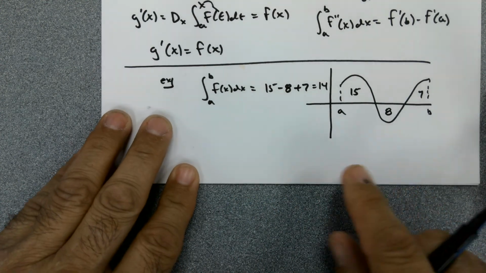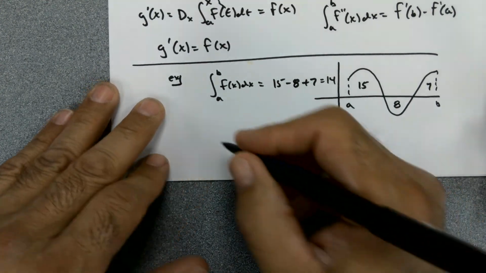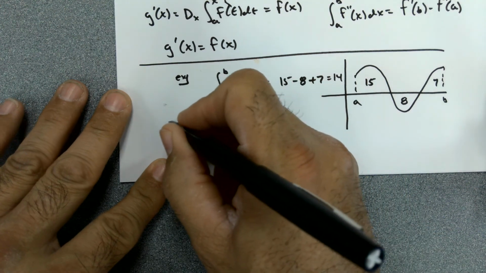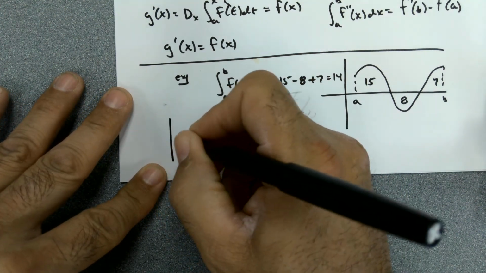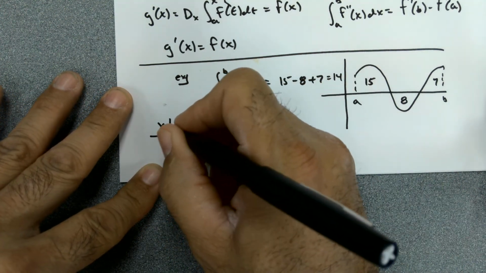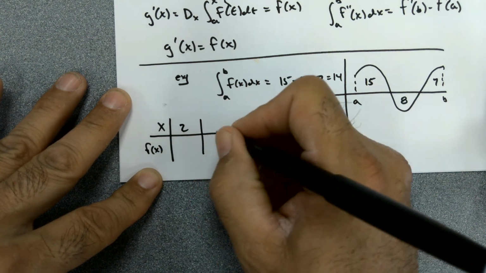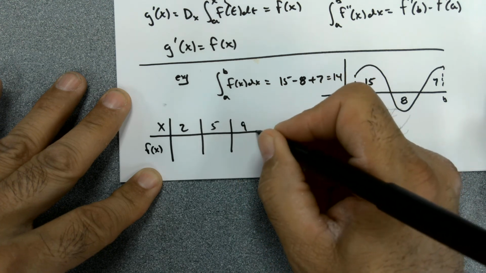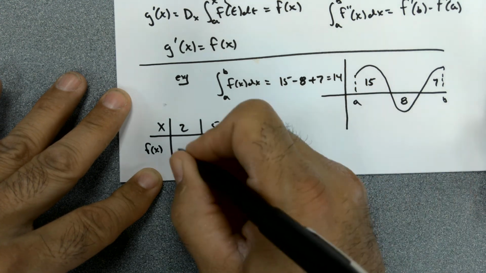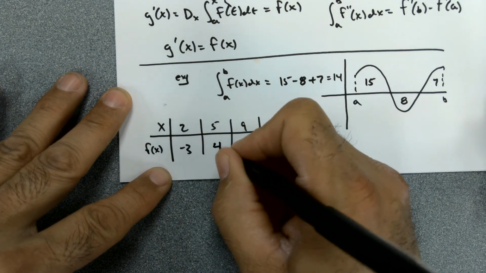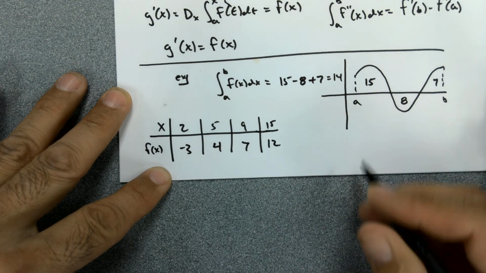Now that's one way to look at it. Another way to look at it is if you have a table. Let's say this is x, and this is f of x, and x is 2, 5, 9, and 15, and f of x is negative 3, 4, 7, and 12.